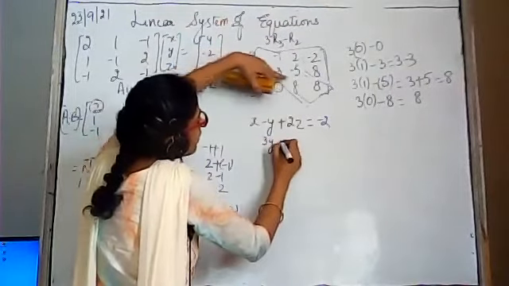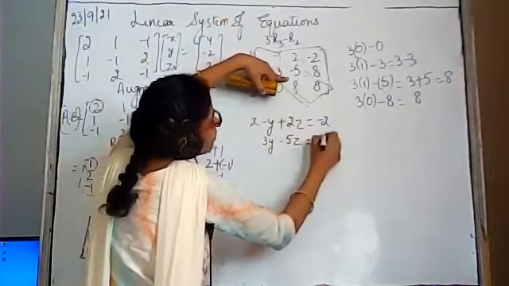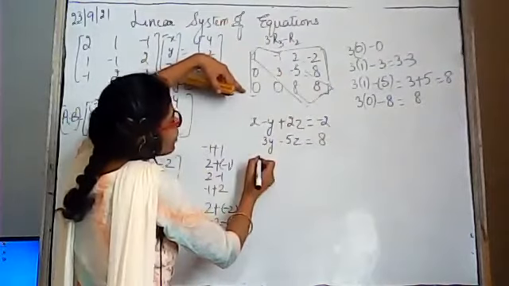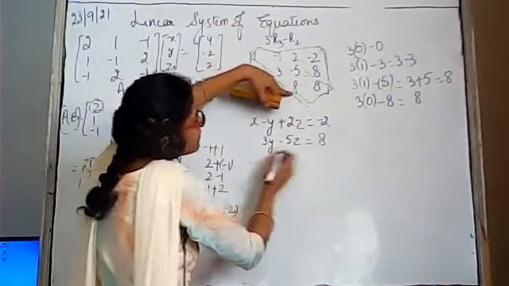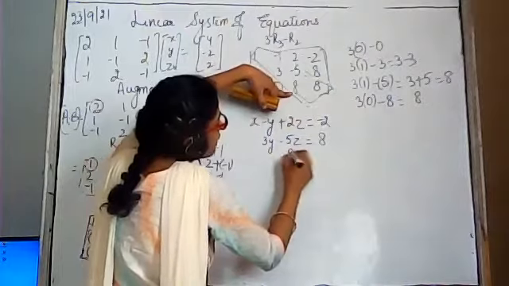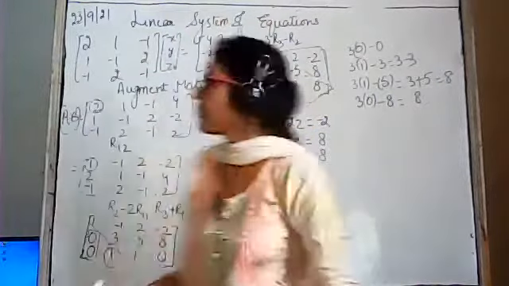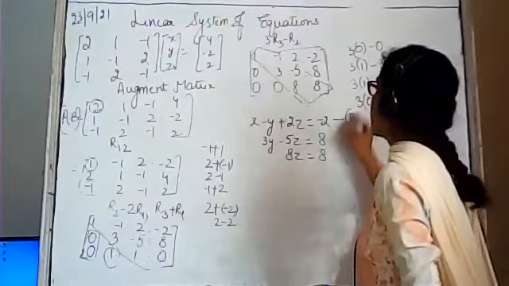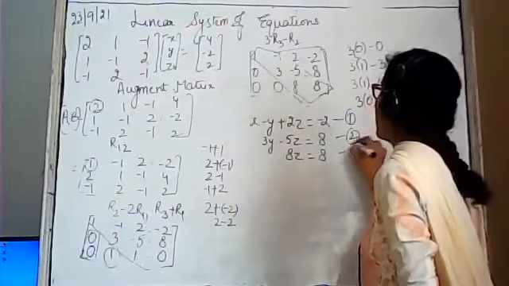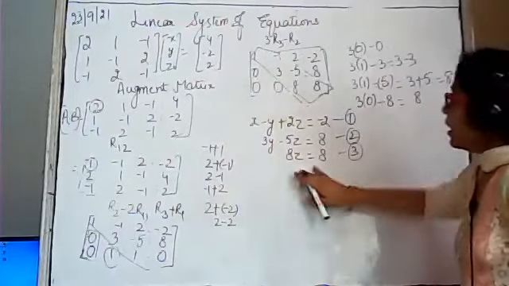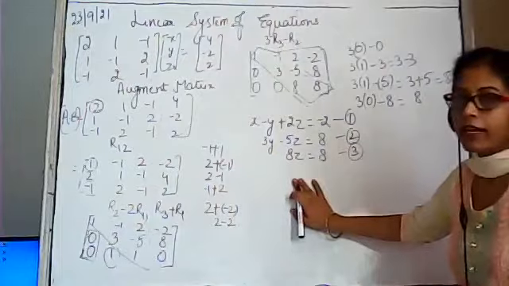It will be 3y minus 5z equals 8. Similarly, the coefficient of x is 0, the coefficient of y is 0, and the coefficient of z is 8, and the right hand side is again 8. Now, let these equations be equation number 1, equation number 2, and equation number 3. Now, this is our new matrix.